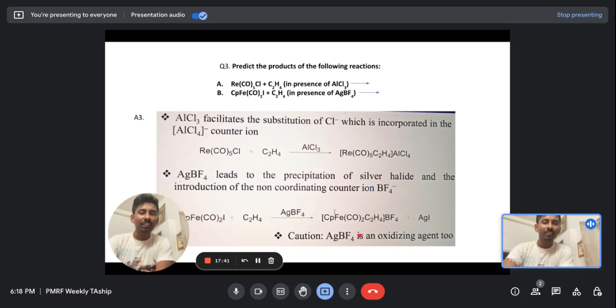I have already stated that AgBF4 should be handled with utmost care, because it is an oxidizing agent, and we should be careful that no oxidation-sensitive moiety is present in the reaction mixture.